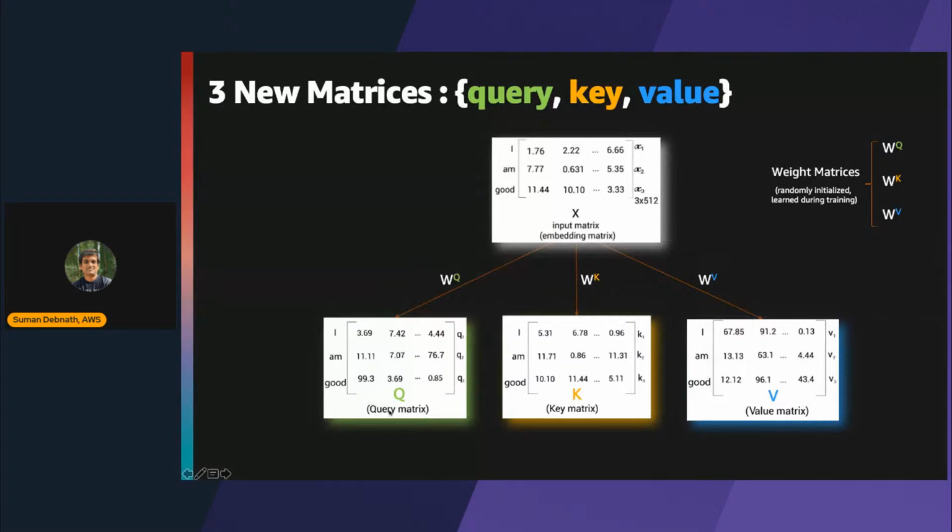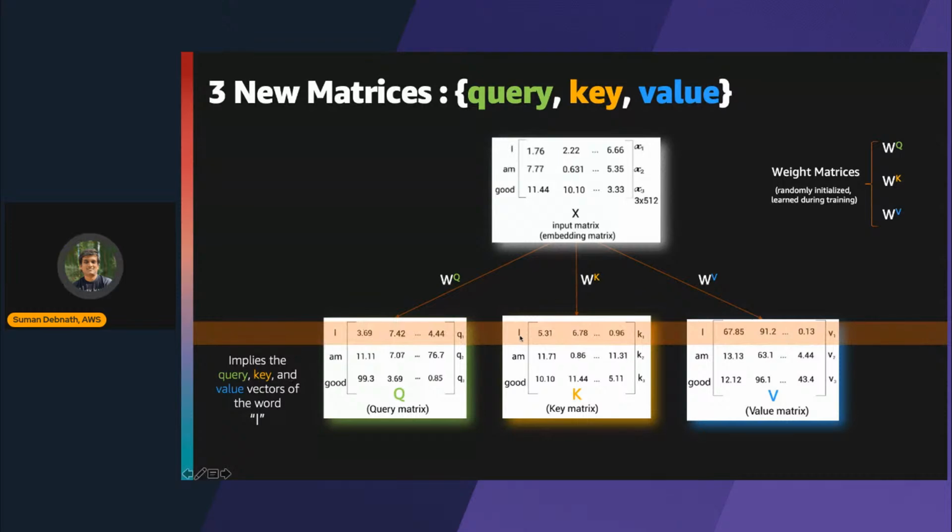Now, the query, key, and value matrices all have a vector length of 64. The first row represents the query, key, and value vector of the word "I." Now I have one question for you. Let me just take the pen.